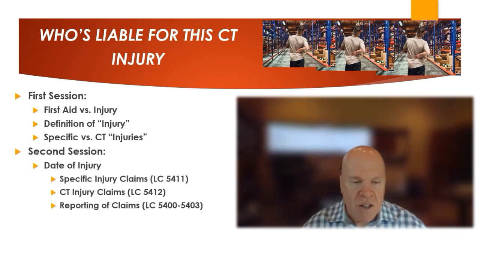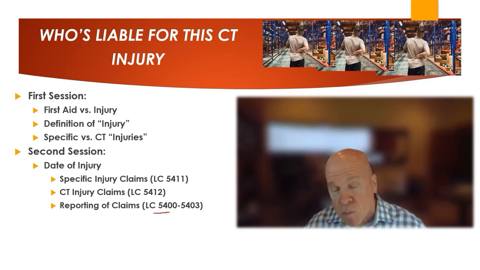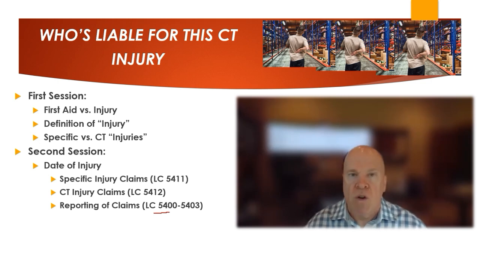And then in our second session, we started to talk about the distinctions between specific injury claims and cumulative trauma injury claims. And we talked about the necessity of proper reporting of these claims. Proper reporting of these claims is described in 2 labor codes sections 5400, and then also most specifically in 5402.